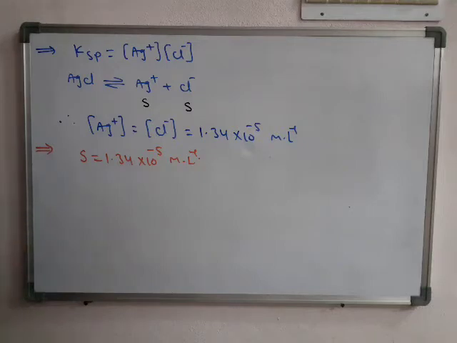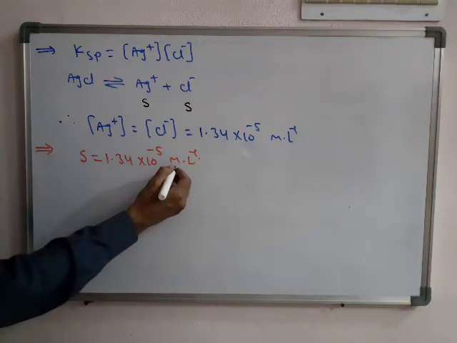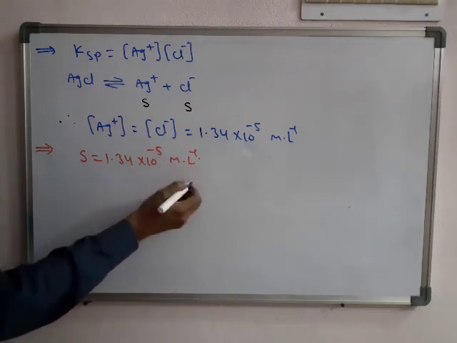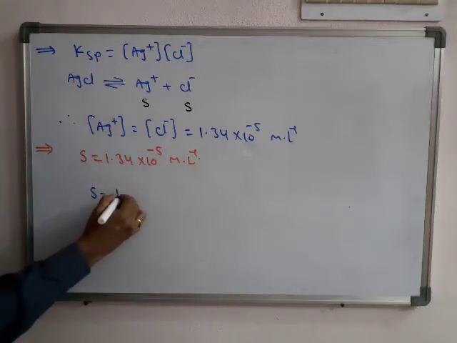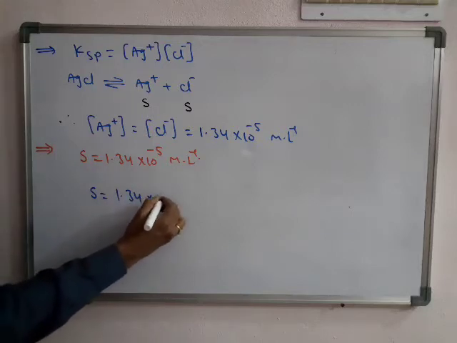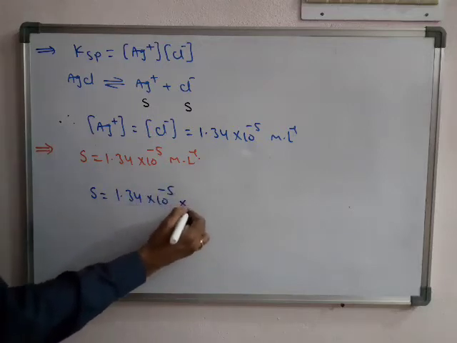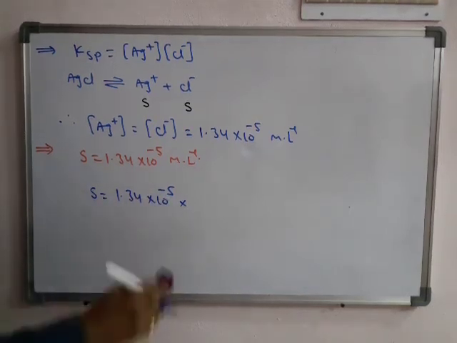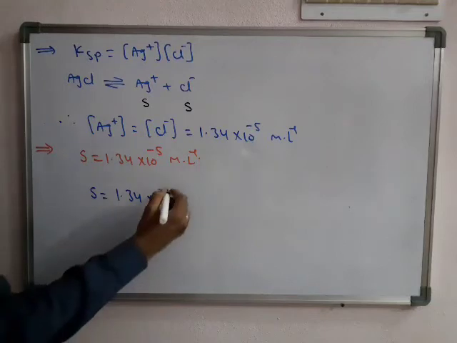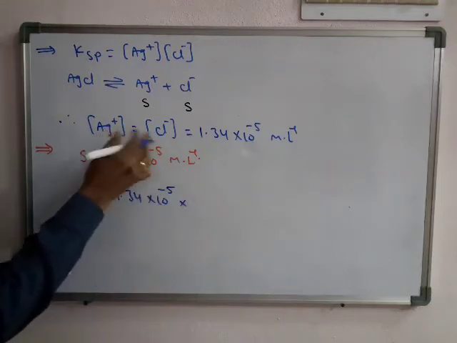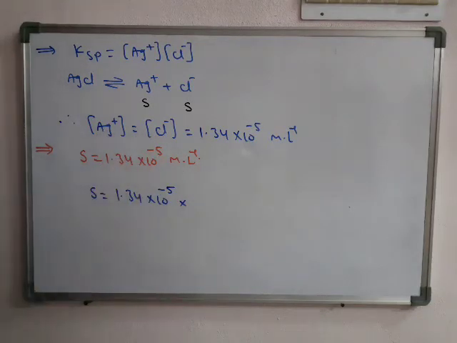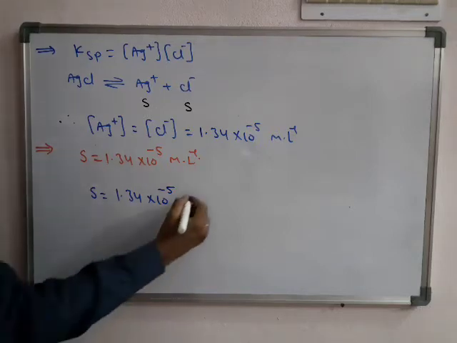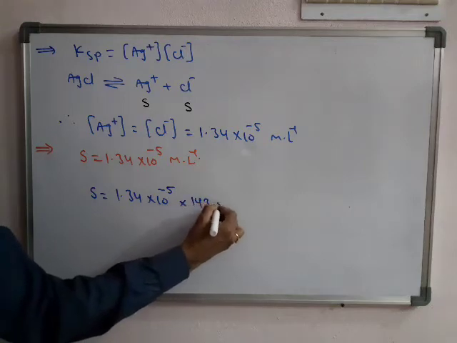So how do we calculate it in terms of grams? We know that 1 mole per liter, converted into mass, is the molecular weight times 1.34 into 10 power minus 5. So what is the molecular weight of AgCl? We know that silver is 108, chlorine is 35.5, so in total it is 143.5.